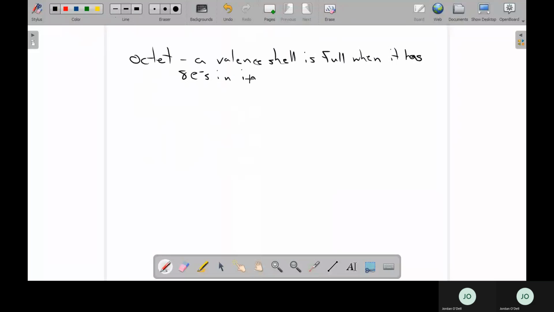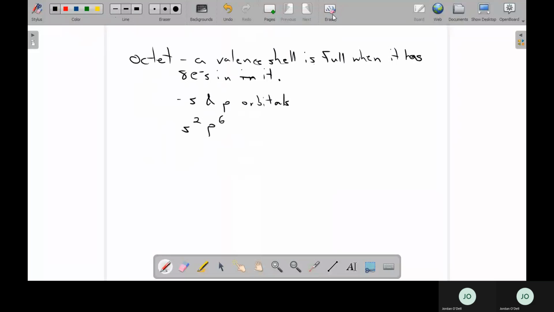So we have 8 electrons in our valence shell. Just as a reminder, this is only referring to our S and P orbitals, which we know our S orbital holds 2 electrons and our P holds 6, 2 plus 6 giving us 8.